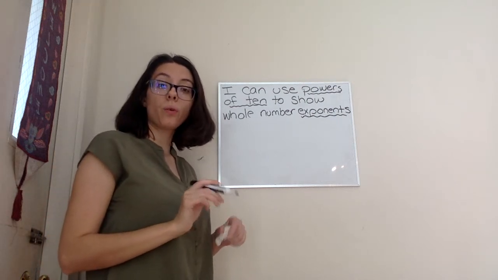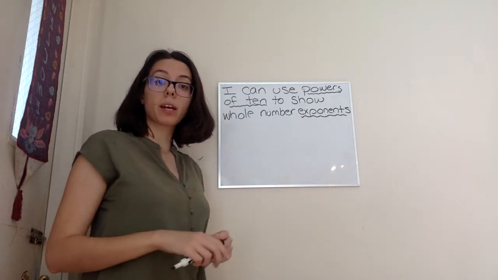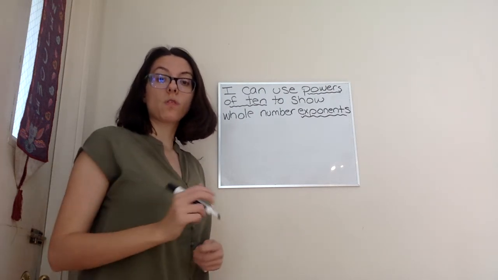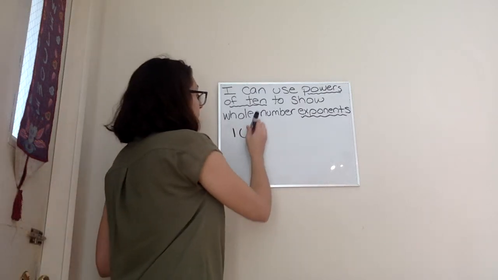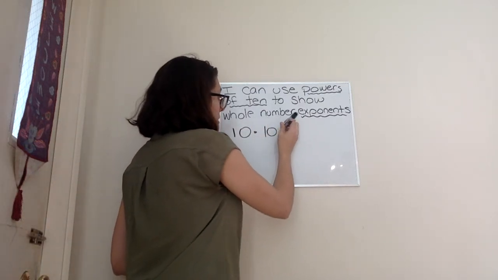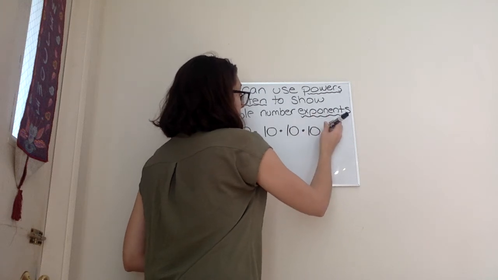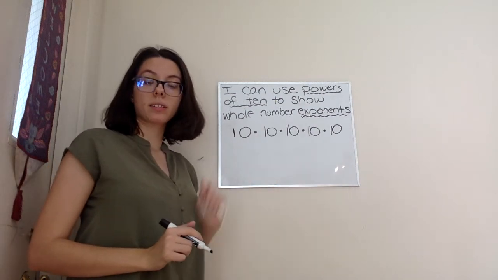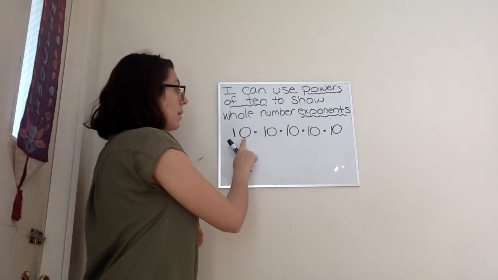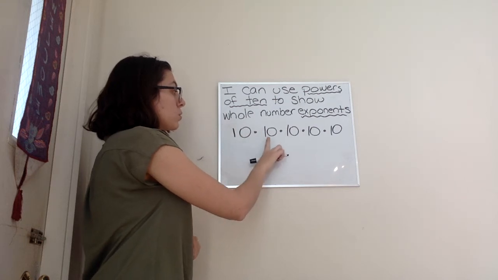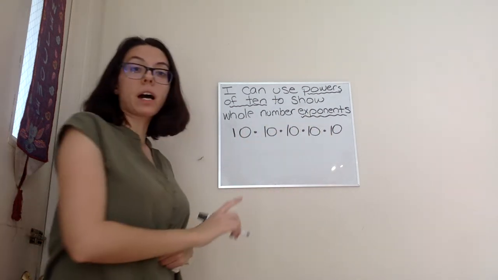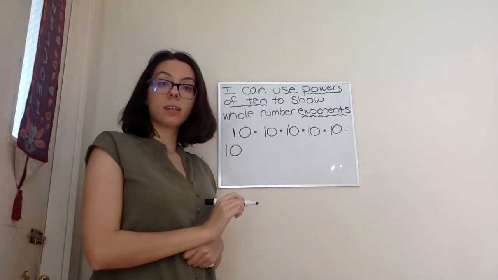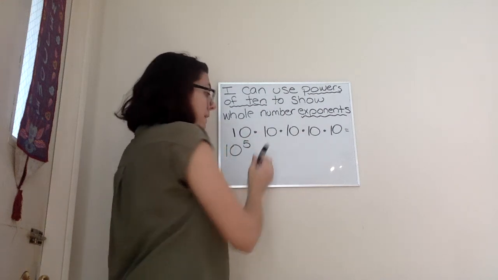Now, I can also think of if I have just the repeated multiplication, what would my answer be, what would my power of 10 be. So if I had 10 times 10 times 10 times 10 times 10, if this is what I am looking at, then I could say, well, I'm multiplying it 1, 2, 3, 4, 5 times. Therefore, I have 10 to the 5th power.